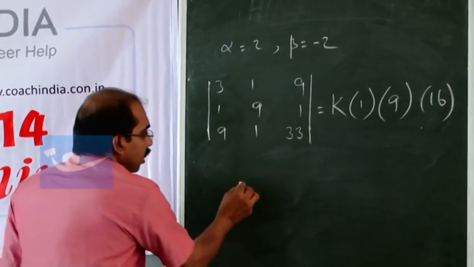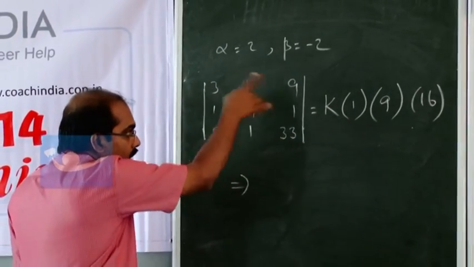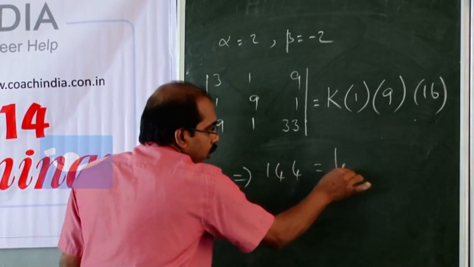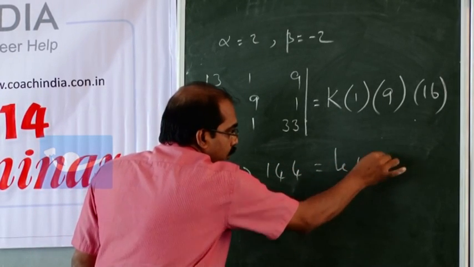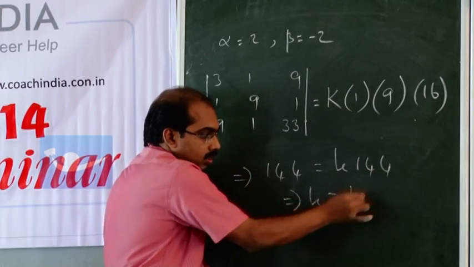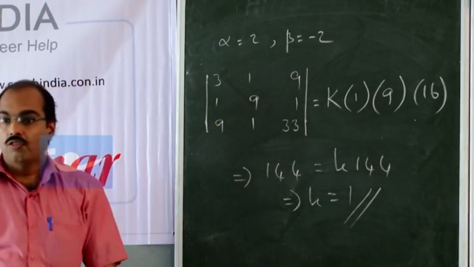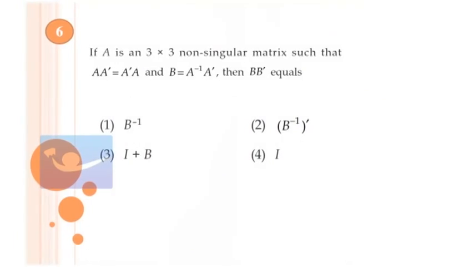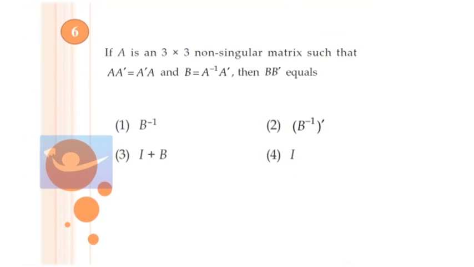You can see that the left hand side is going to be, on expansion, 144. The right hand side is going to be again k into 144. So we are getting the value of k as 1.